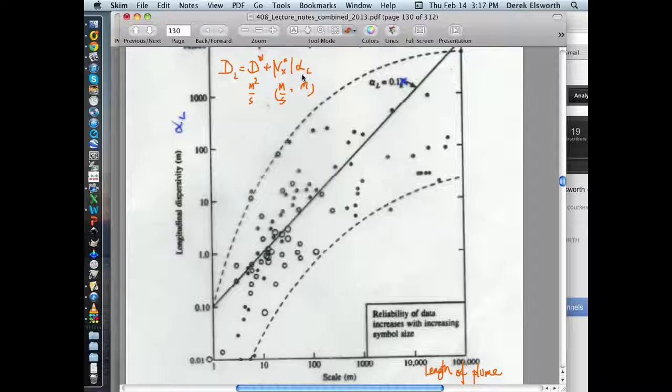If you calculate this magnitude and plot it versus the scale, how big the plume is, you end up with this scatter plot. It's almost like shooting a shotgun at a barn door to some respects. There's lots of variability, but you can draw an upper bound on it. And you could draw a lower bound on it. And you could draw a line that goes somewhere through the middle of it.